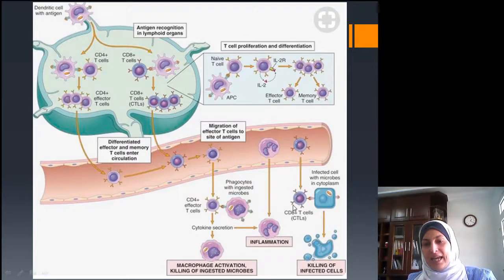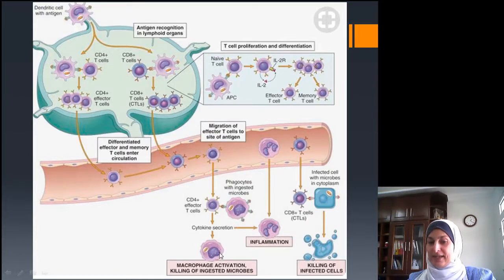The CD8 will recognize the virally infected cell, interact through MHC1, and it will induce killing of that virally infected cell.